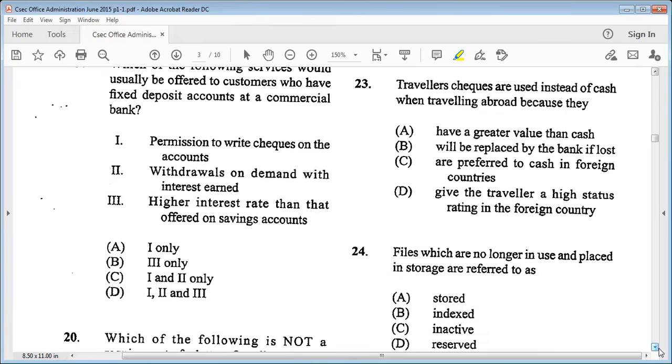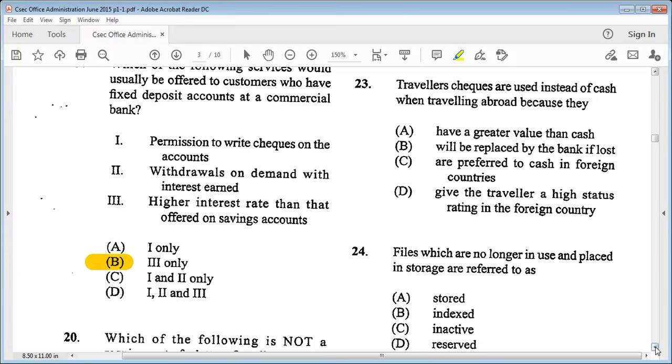So is it A, 1 only, B, 3 only, or C, 1 and 2 only, or D, 1, 2, and 3? We know once it's a fixed deposit account, it has a higher interest rate than that offered on savings accounts. So our answer would be B, 3 only.